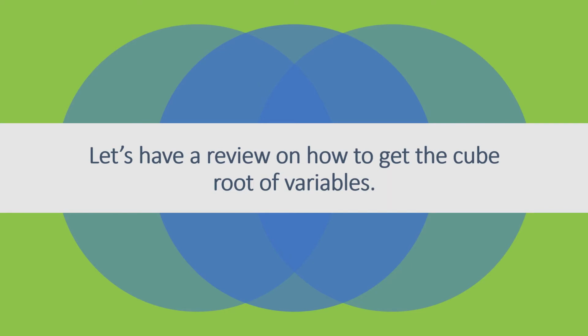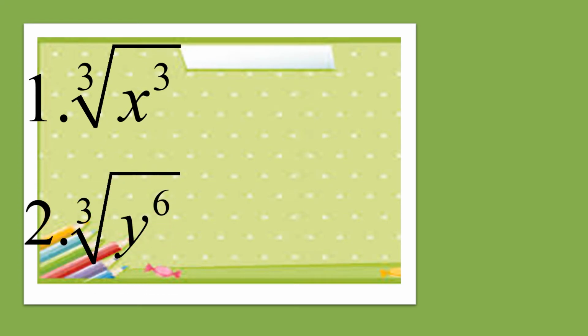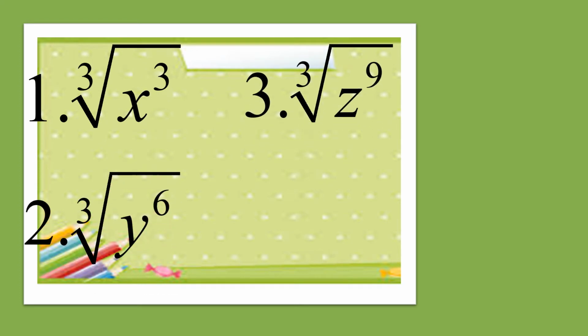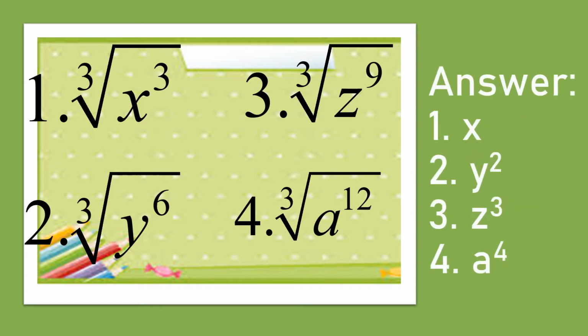Let's have a review on how to get the cube root of variables. Cube root of x cubed, cube root of y raised to 6, cube root of z raised to 9, and cube root of a raised to 12. And the answers are: cube root of x cubed is x, cube root of y raised to 6 is y squared, cube root of z raised to 9 is z cubed, and cube root of a raised to 12 is a raised to 4.